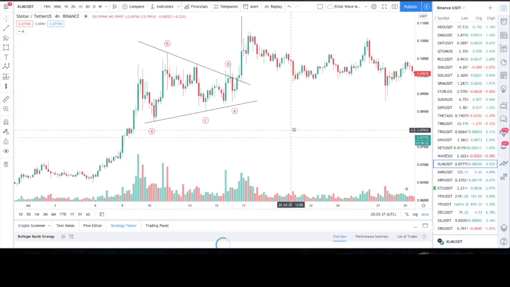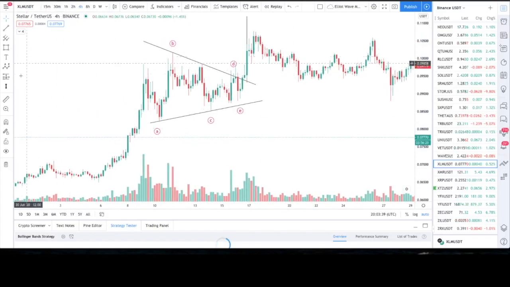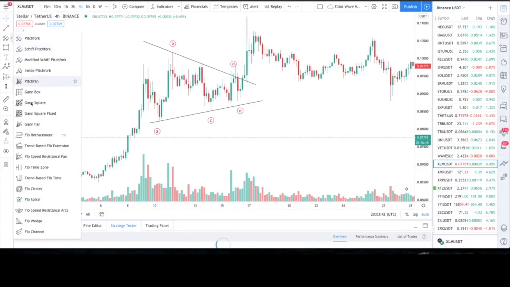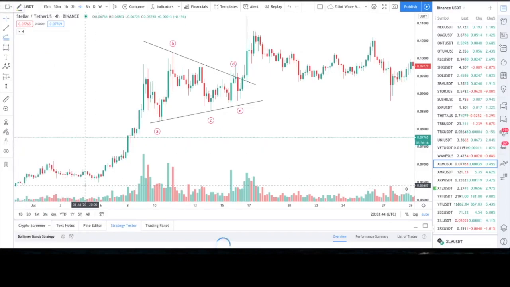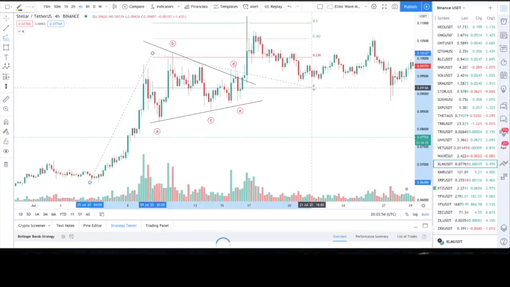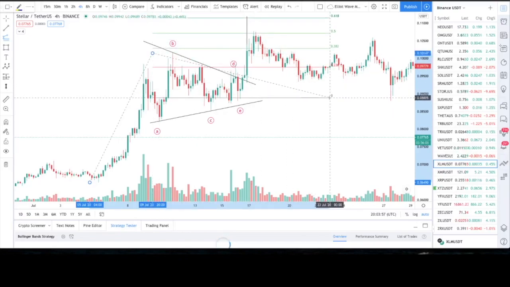Let's have a look at what would happen if we were going to use the trend-based fib extension. We'd start from the very beginning of the move, which would be down here, to the highest point of the triangle, and then down to the most recent fractal low.